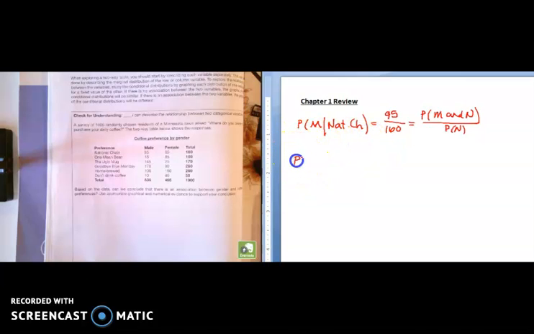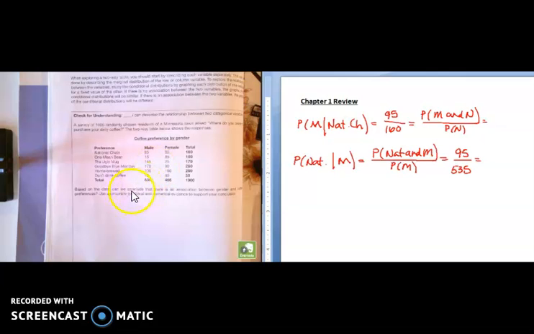Likewise, if you wanted to know what's the probability that you like national chain coffee, given you're looking at all of the males, you still want national chain and males, but now you're going to divide by the total number of males. So it's still going to be 95 on the top, but instead you're going to divide by 535. That's what they refer to as conditional probabilities, conditional relative frequencies.